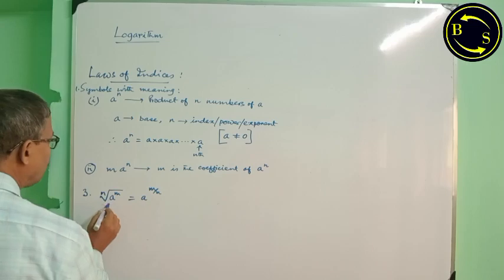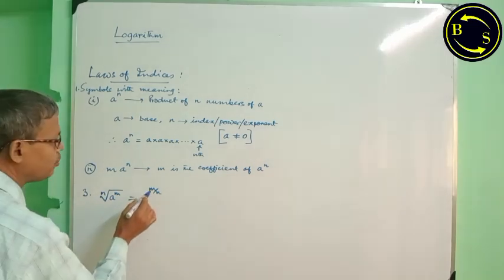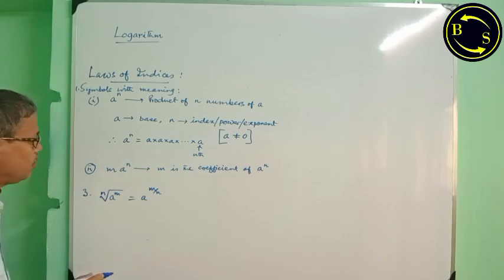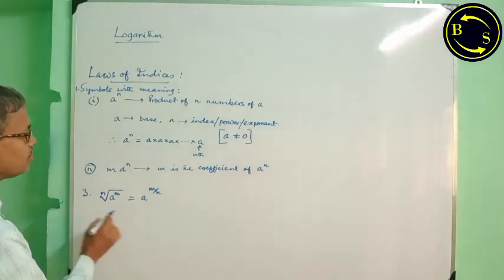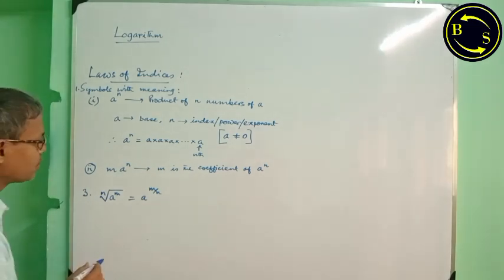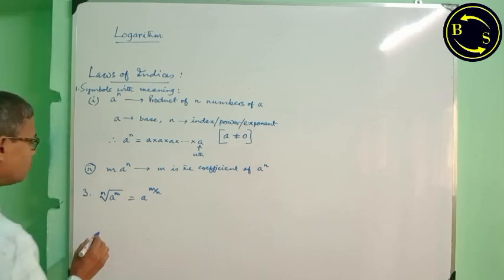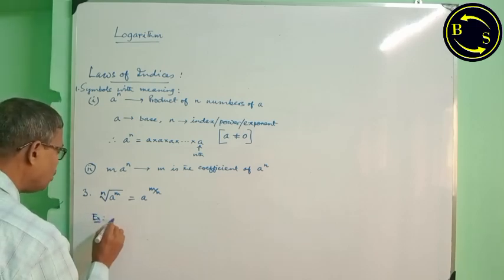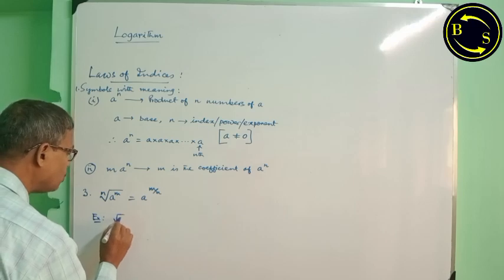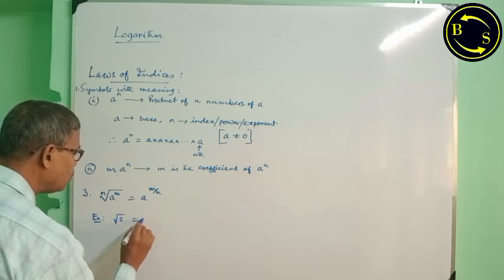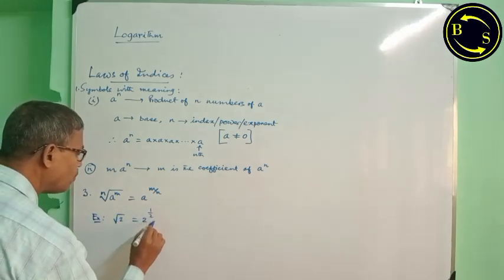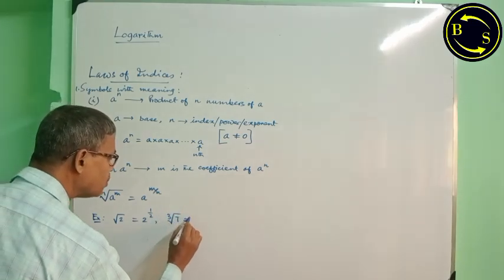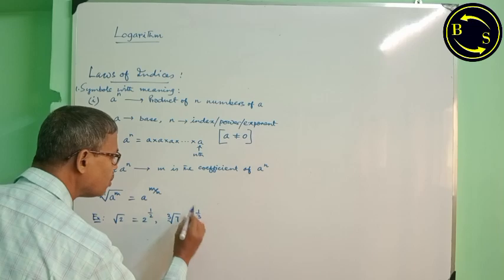This is not quite new, that is just notation or symbol. For example, square root 2 is equal to 2 to the power half, cube root 7 is equal to 7 to the power 1/3.